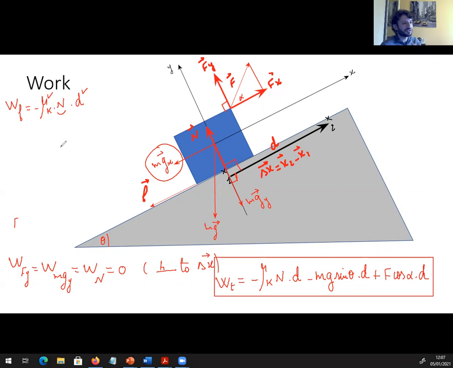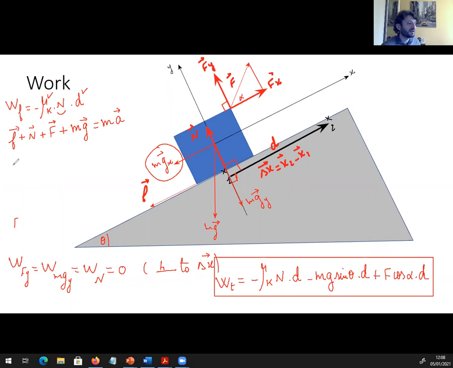You can write in general Newton's law: F plus N plus F plus mg equals ma. To calculate n, you have to work in terms of the y-axis.